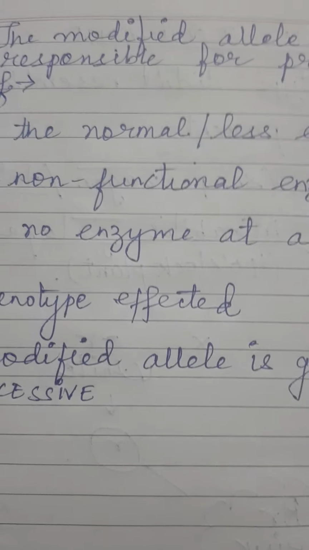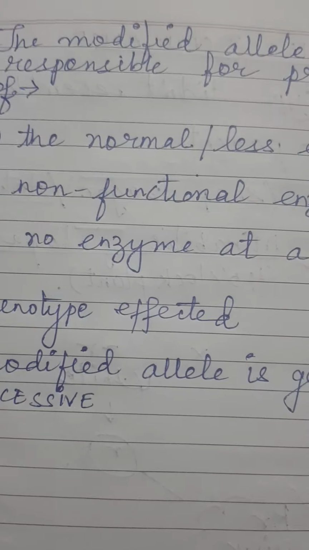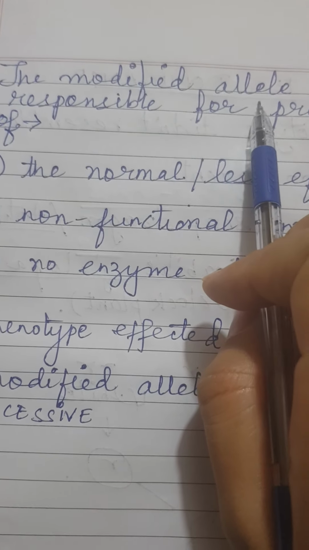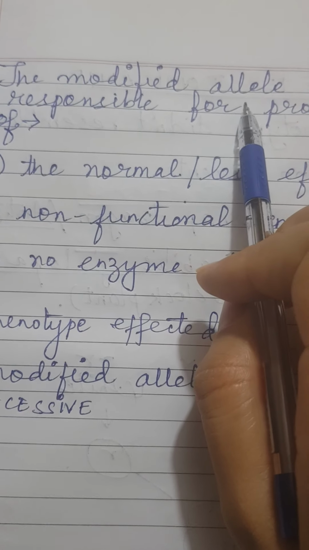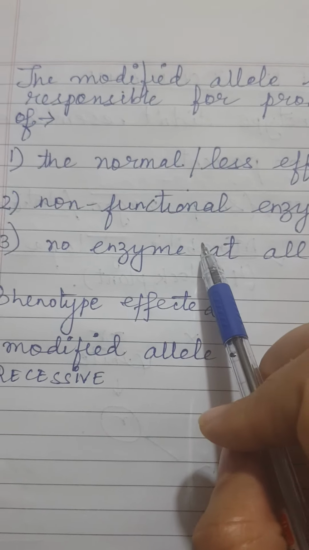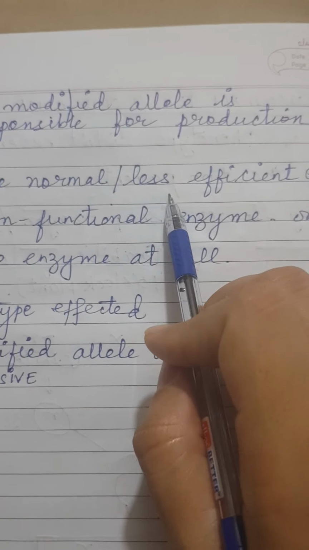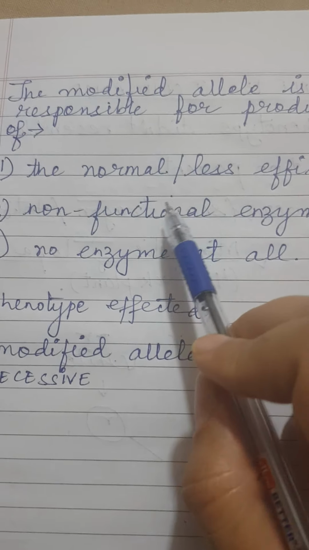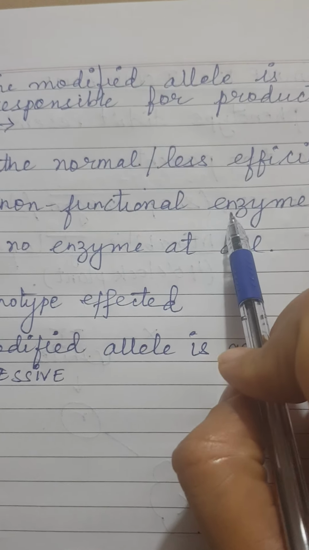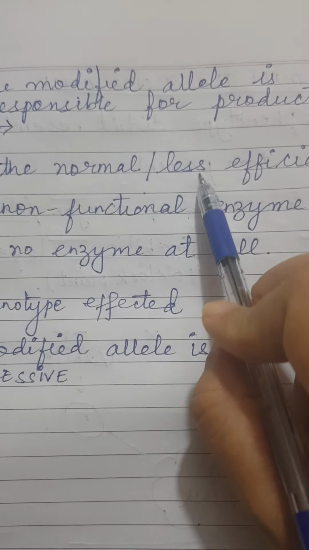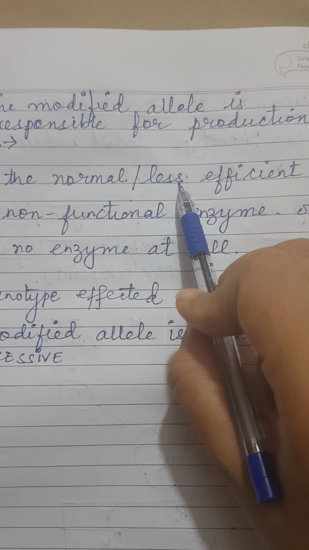Now, how do we explain the concept of incomplete dominance? It is said the allele is modified, because we cannot say it is dominant or recessive. One of the alternative forms is modified. What is it doing? Three conditions can be there: it can form a normal or less efficient enzyme to produce the color of the flower, or it will produce a non-functional enzyme, or it will produce no enzyme at all. So what do you think? Out of these three, what will be the situation in incomplete dominance?